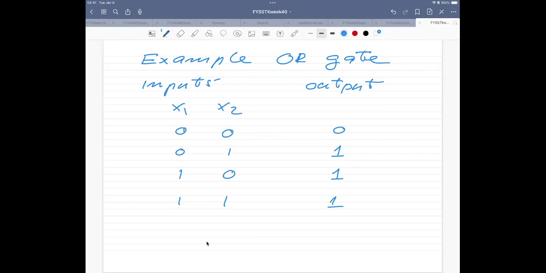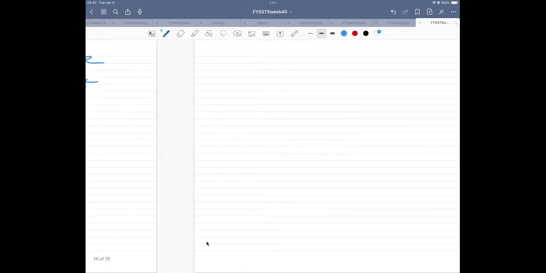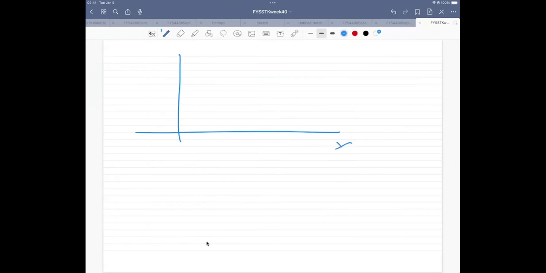Have you encountered this in some different courses? You can just look at this as a case of an input and an output. Now, if you look close at this, let's call this output y. If you look close at this, and I plot x1 here, and x2, 0 and 1.